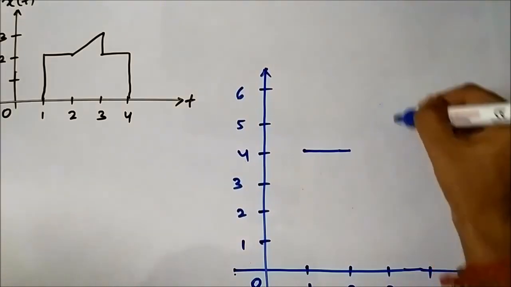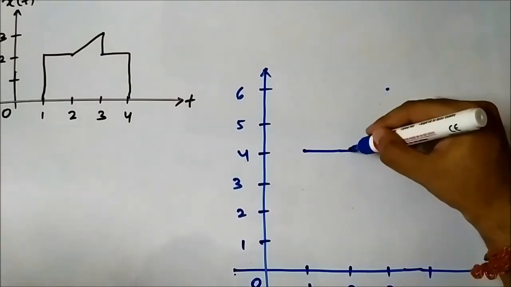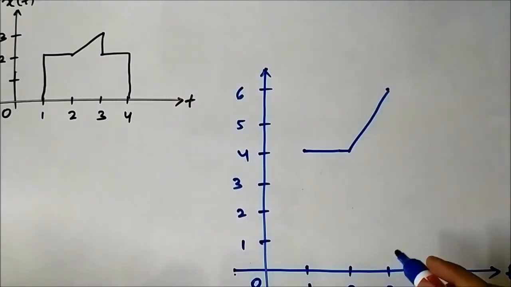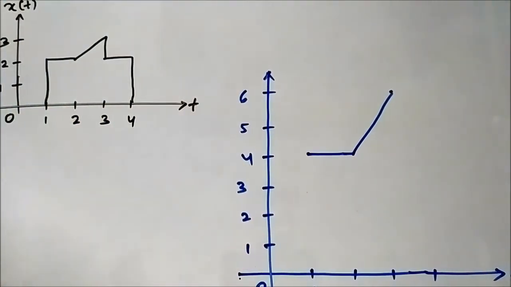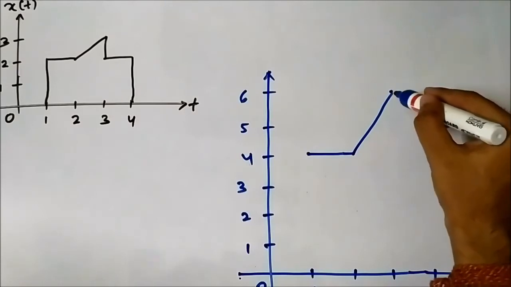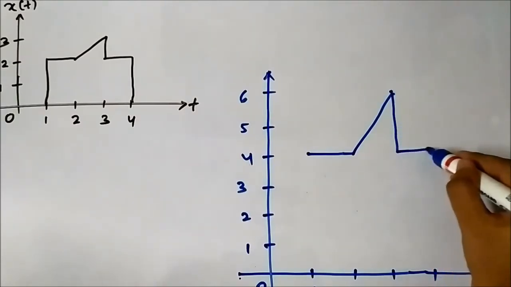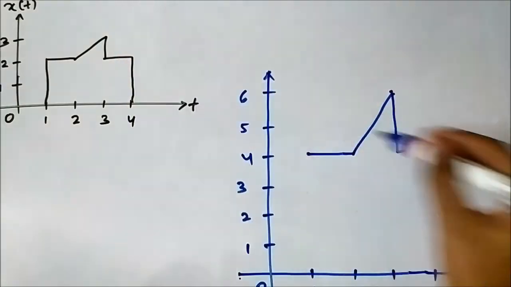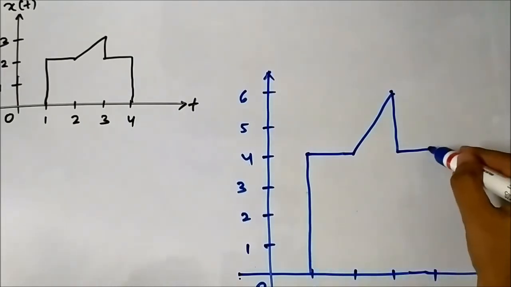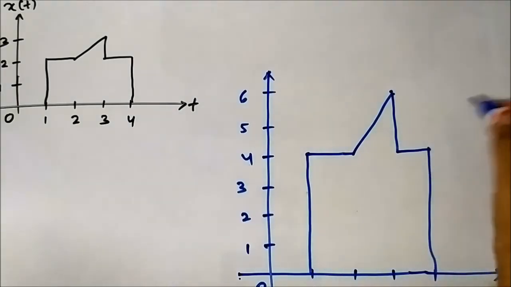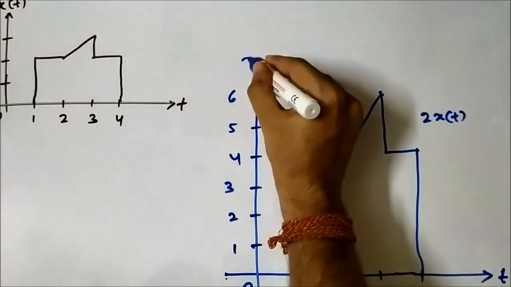At 3 it will be 6. And again at t equals 3, it is dropping from 3 to 2, so here it will drop from 6 to 4. And the rest is the same: here it is dropping from 2 to 0, it will drop from 4 to 0. So this is the first step, 2x(t).